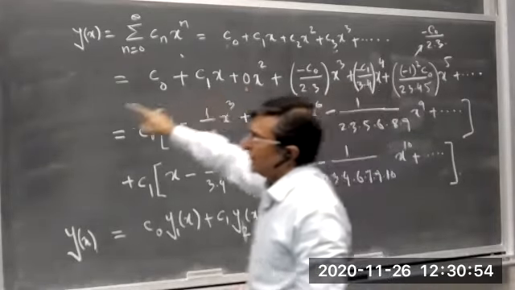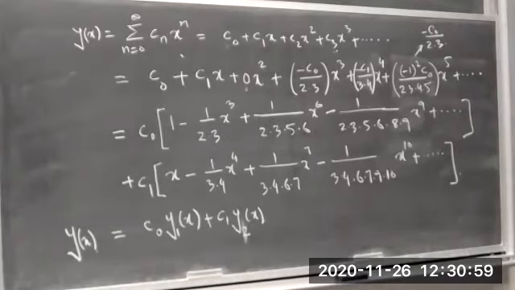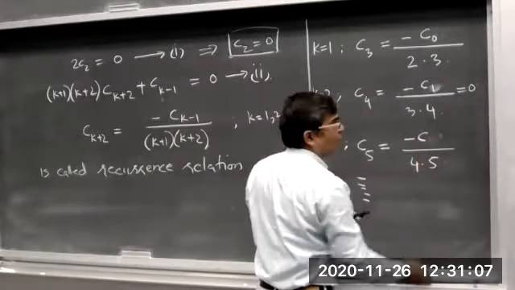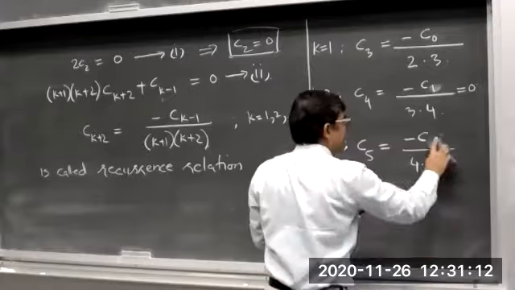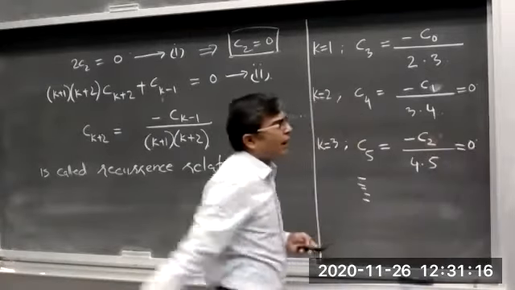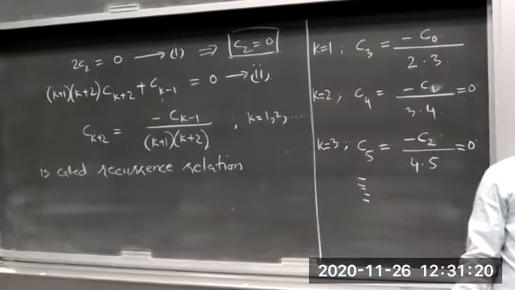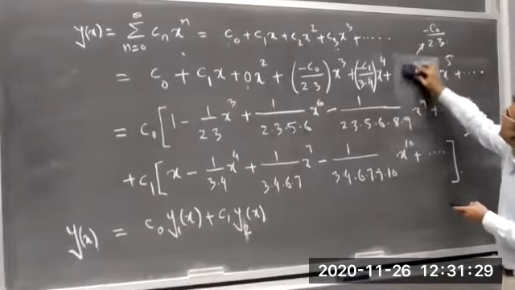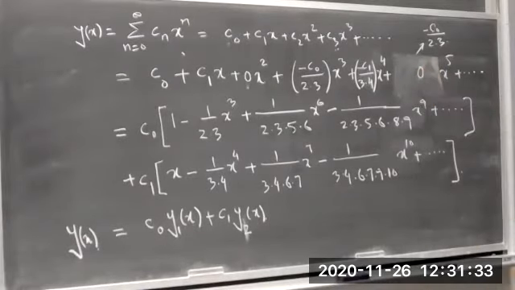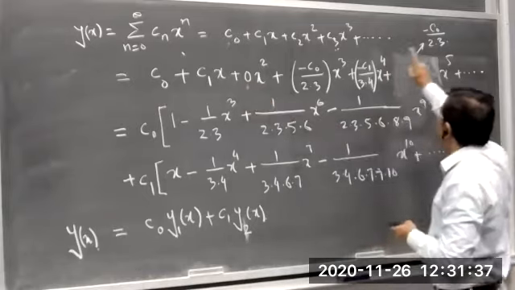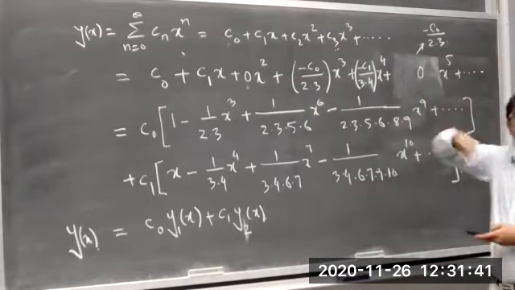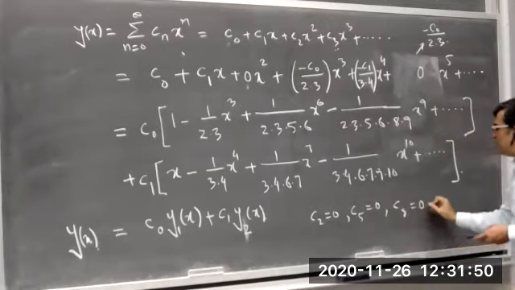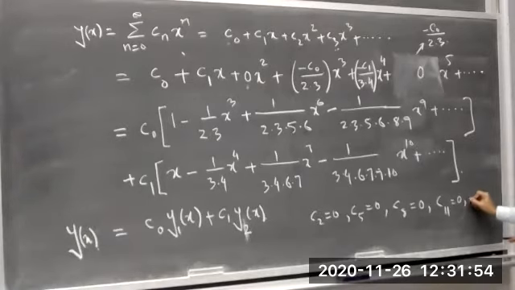Okay, and next, what happens in C5? The coefficient of C5 will be 0. Okay, so this is my mistake, sorry. Here the coefficient of C5 will be 0, because here C2 comes. So if we go back, certain coefficients will be 0 due to this C2, so the coefficient of C5 here will be 0. Now you see, the coefficient of C2 is 0, the coefficient of C5 is 0, then I think the coefficient of C8 will be 0. So if C2 is 0 and C5 is 0, then C8 will be 0, and then C11 will be 0, and so on.